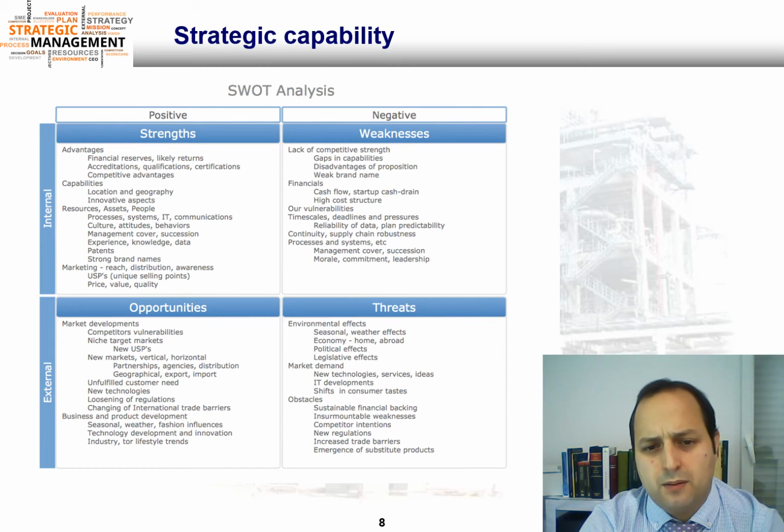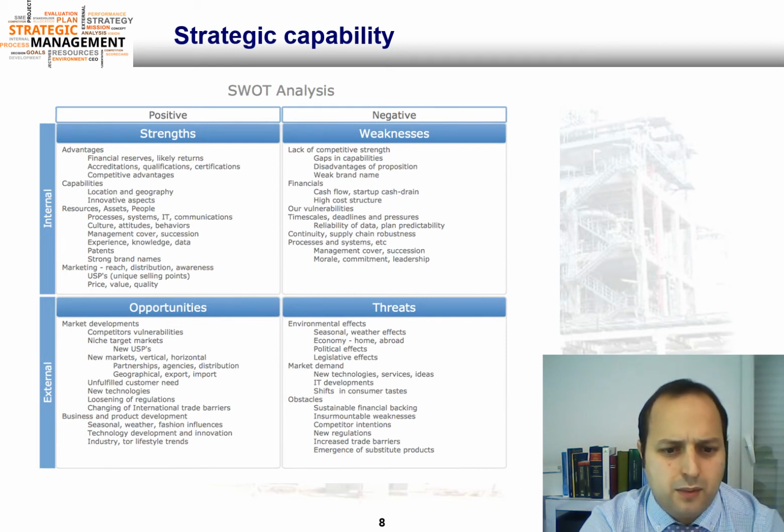Just for naming several weaknesses: the lack of competitive strength, the cash flow, startup cash drain, the high cost structure, etc. Just we are going to name some opportunities: the market developments, for example, competitors' vulnerabilities, nice target market, new markets, vertical or horizontal, business and product development, etc. And then some threats, environmental effects, market demand, or obstacles.